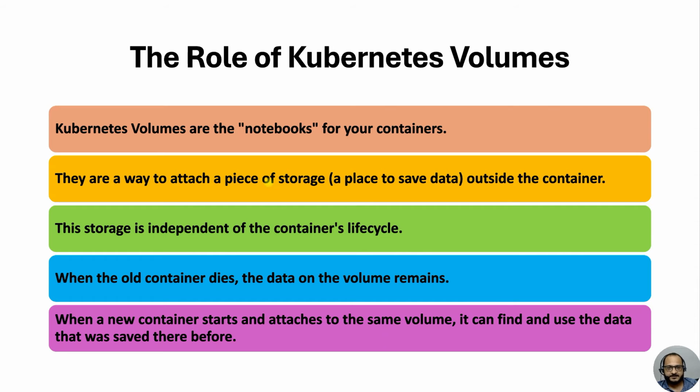So whatever data we store in volumes will not be a part of the container's life cycle. That will be a separate, external file system, or if we are using any cloud provider, we can use their storage systems as well. So in simple terms, the volume is external and not part of our container life cycle. That's why whenever a container is deleted or created, we will always get the volume.